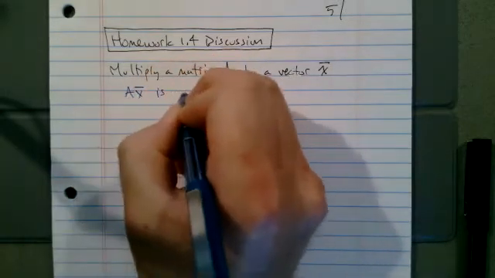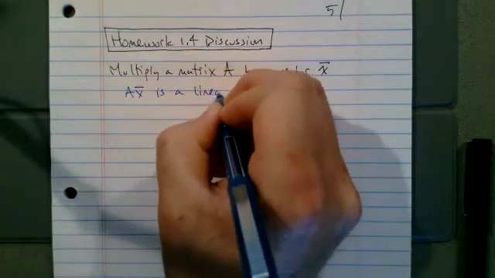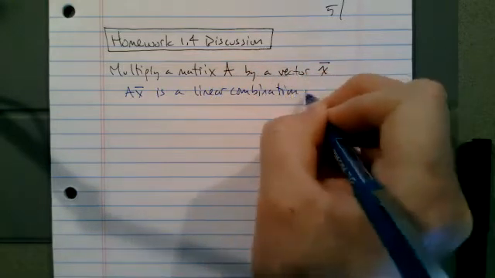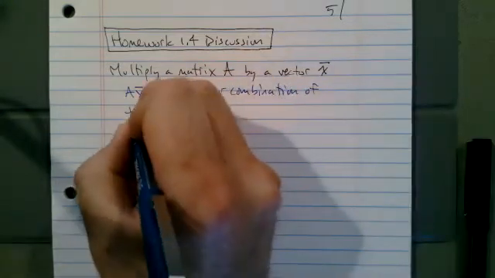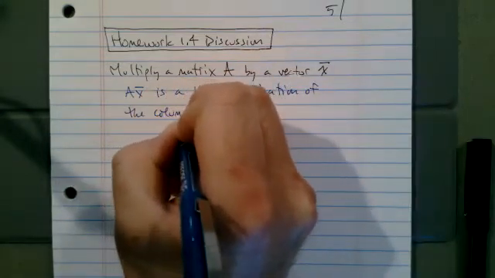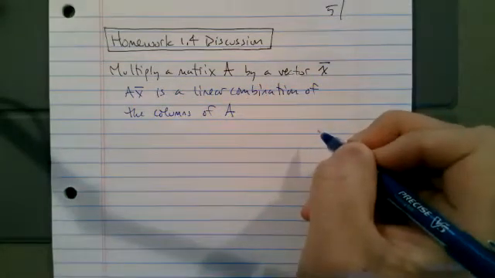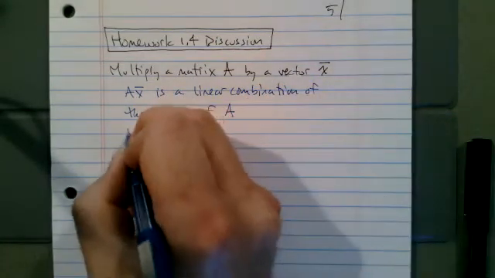AX is a linear combination of the columns of A using the entries in X as weights.